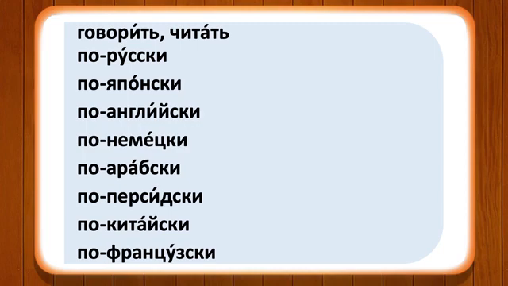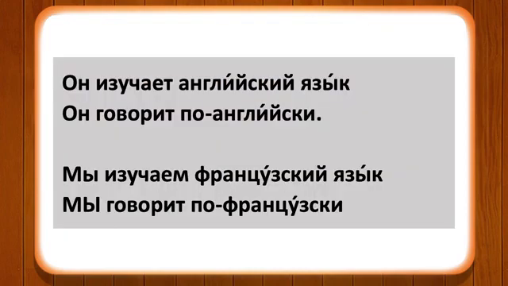Let us see the examples. Он изучает английский язык. With the verb изучать, to study, you use the full form английский язык, the adjective as well as the noun. But он говорит по-английски. Here you will use the adverbial form.